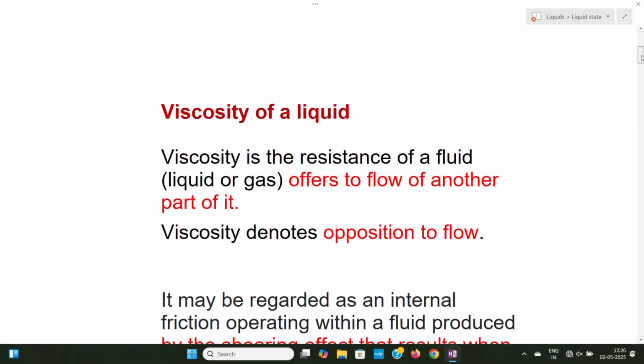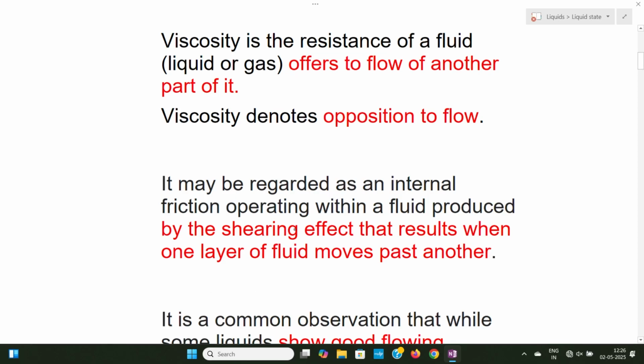That means it is the resistance of the fluid, which offers opposition, or affects the flow of another part of the fluid. That is viscosity. That means opposition to flow. Viscosity denotes opposition to flow.